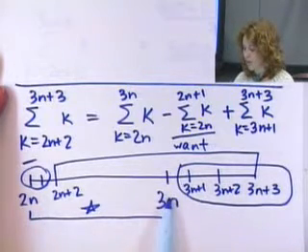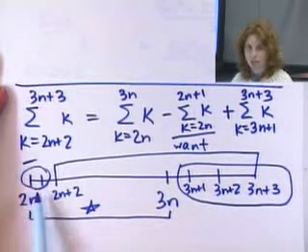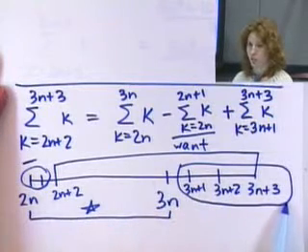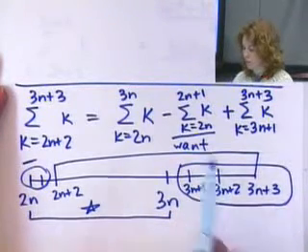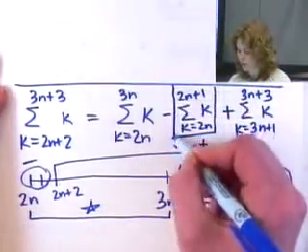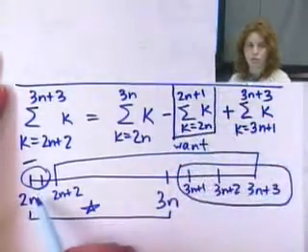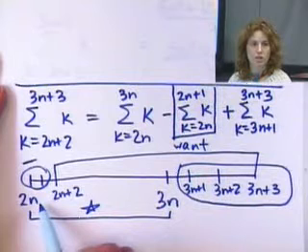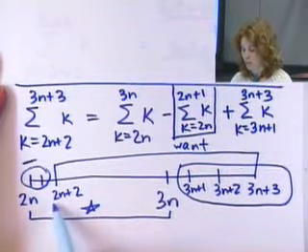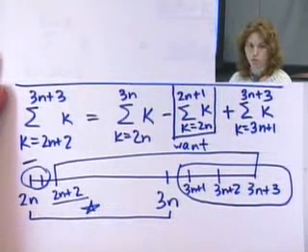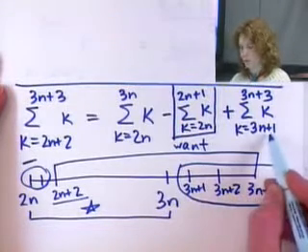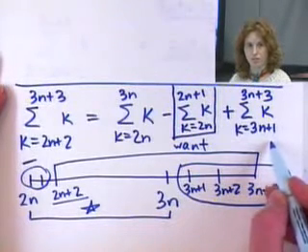If I want to use that one, I'm going to have to take off some things that are in there that I don't need, but I'm going to have to add on the things that aren't. So that's what this second summation is right here. If I put a box around it, the second summation takes off the first two terms. It takes off 2n and it takes off 2n plus 1. So then my real summation I want will start with 2n plus 2. Then I have to add everything up from 3n plus 1 up to 3n plus 3, and that's this last term.